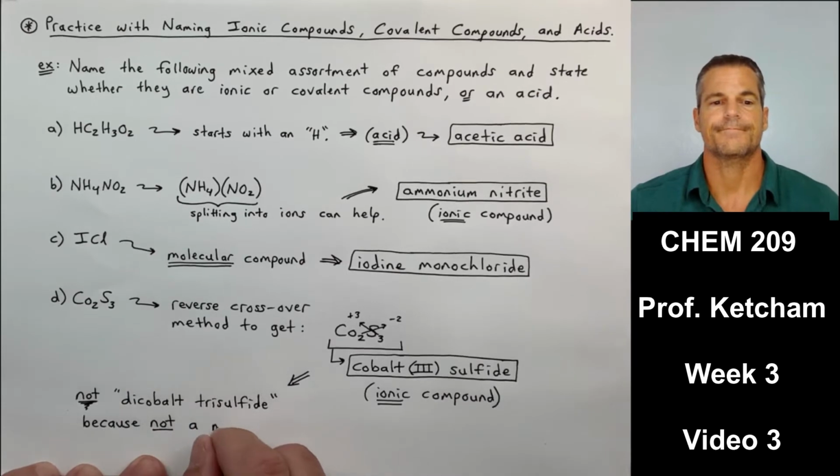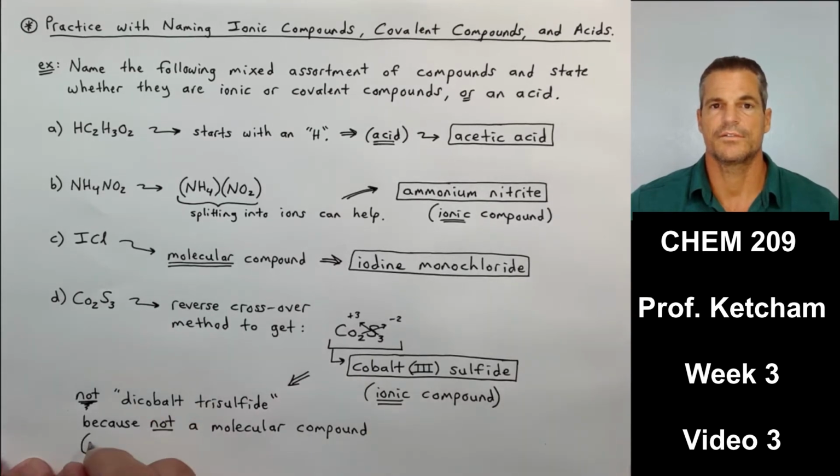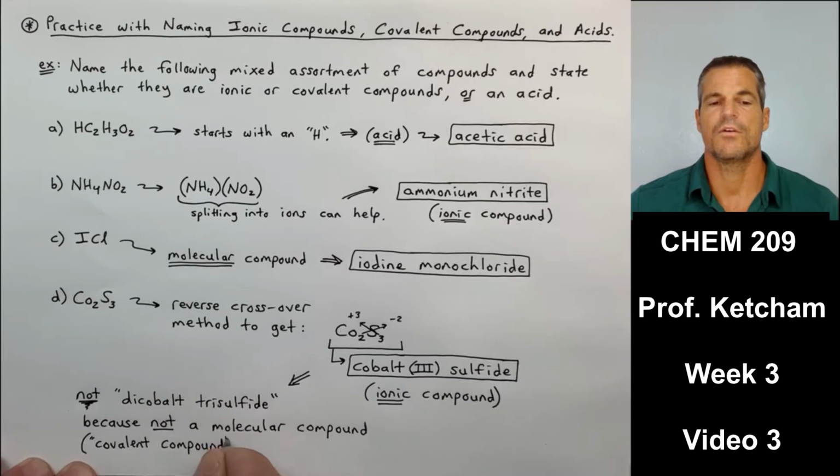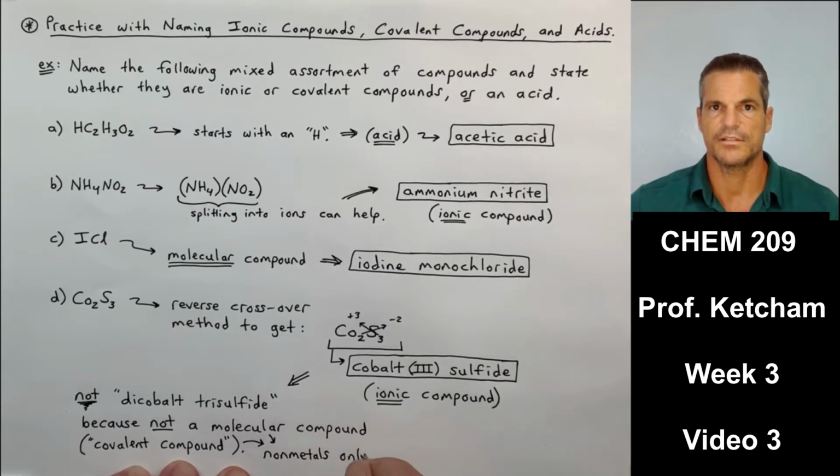Now, you notice that Co2S3 is not dicobalt trisulfide, all right? Because it's not a covalent compound. It's not a molecular compound, right? It's ionic. We didn't use any prefixes until we got to naming covalent compounds.